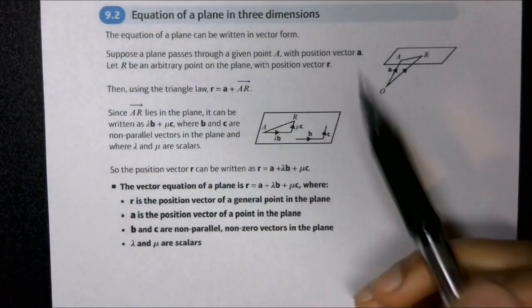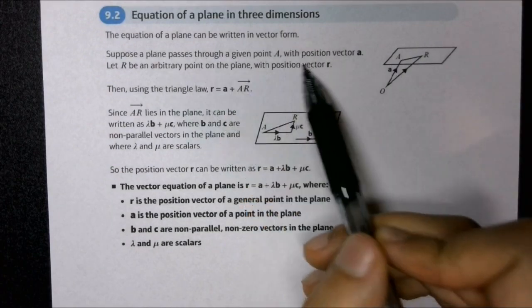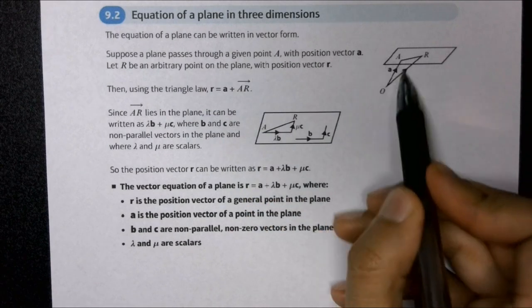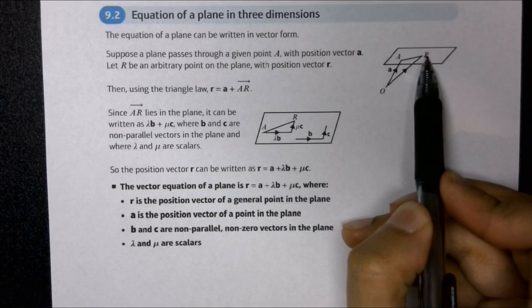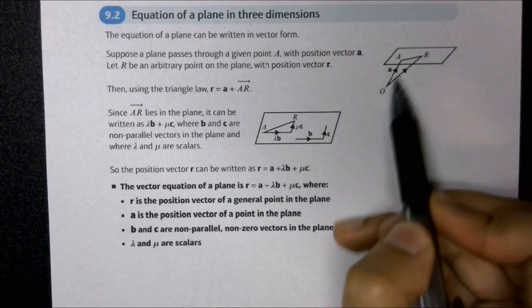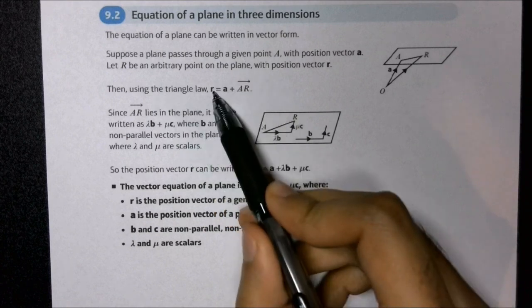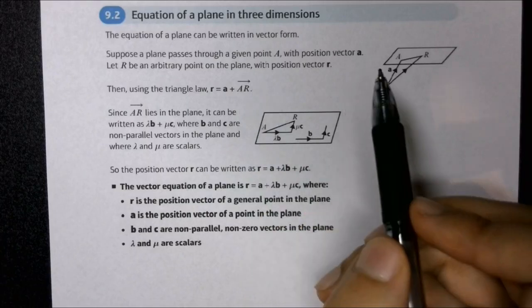So now, let's see what the notes say about all this. Suppose a plane passes through a given point A with position vector A, as we see over here. And if we let R be an arbitrary point on the plane with position vector R, then using the triangle law, R is equal to A plus AR.